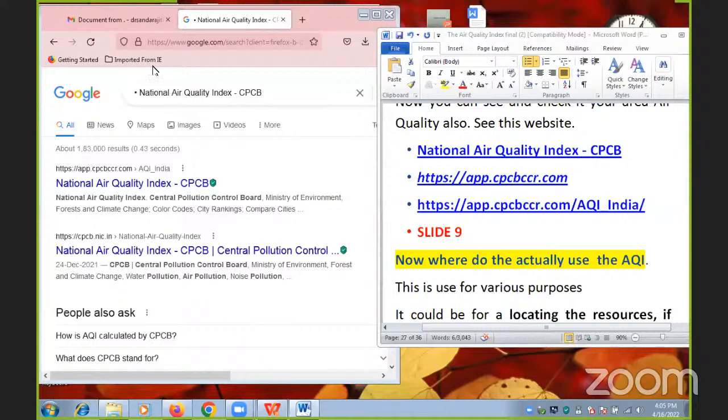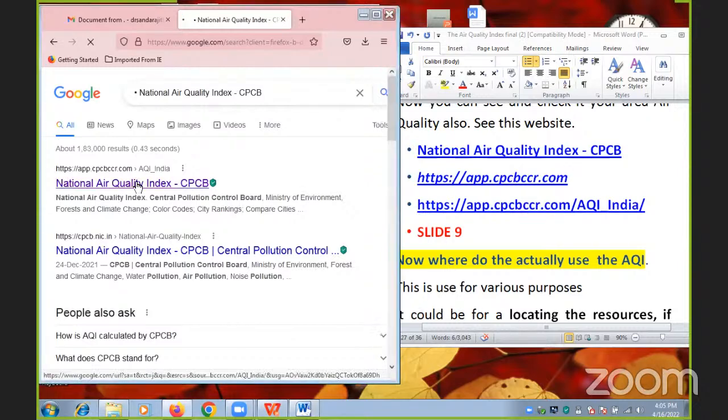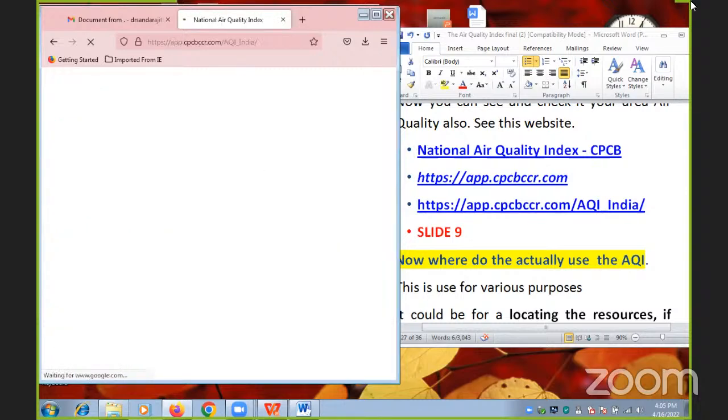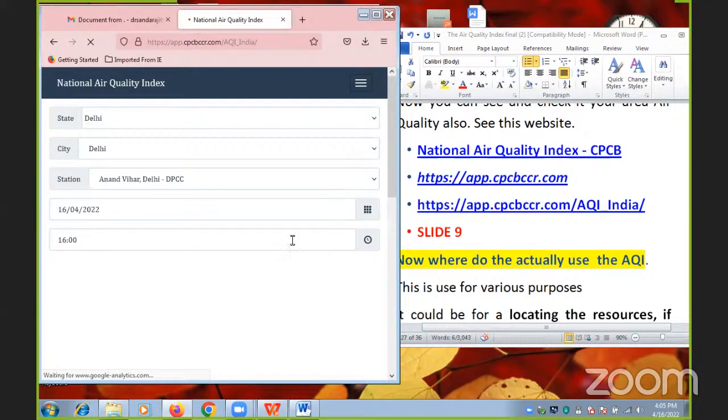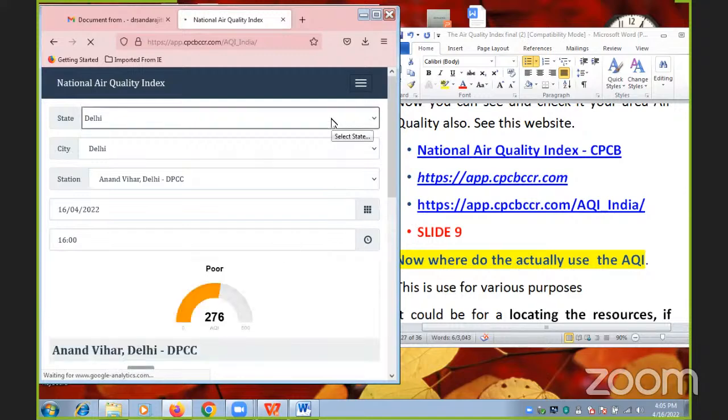You see here, copy and paste it in your Google or anywhere. Okay, you see here, I pasted here this National Air Quality Index CPCB, and you go to this National Air Quality Index, and you select your state.